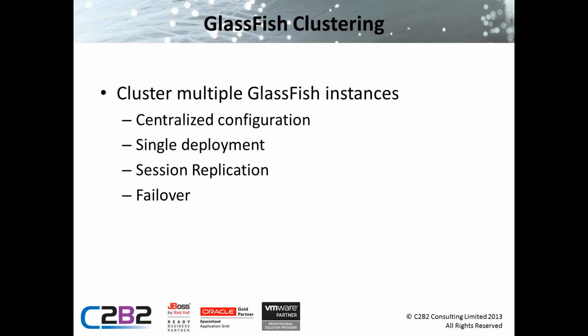So the real fun is in GlassFish clustering, because there you have the actual HA availability features. Most important is the session replication. The session replication will allow you to have failover without your clients noticing it.